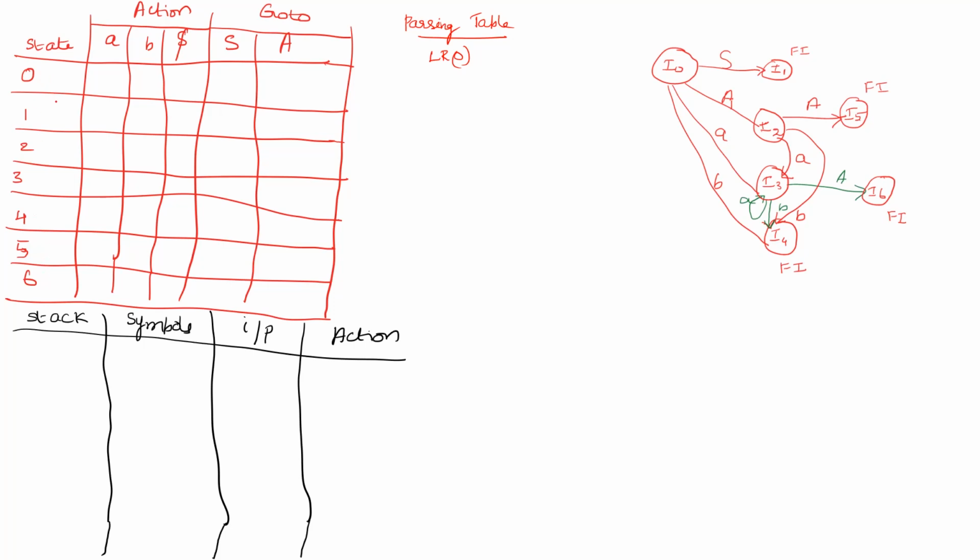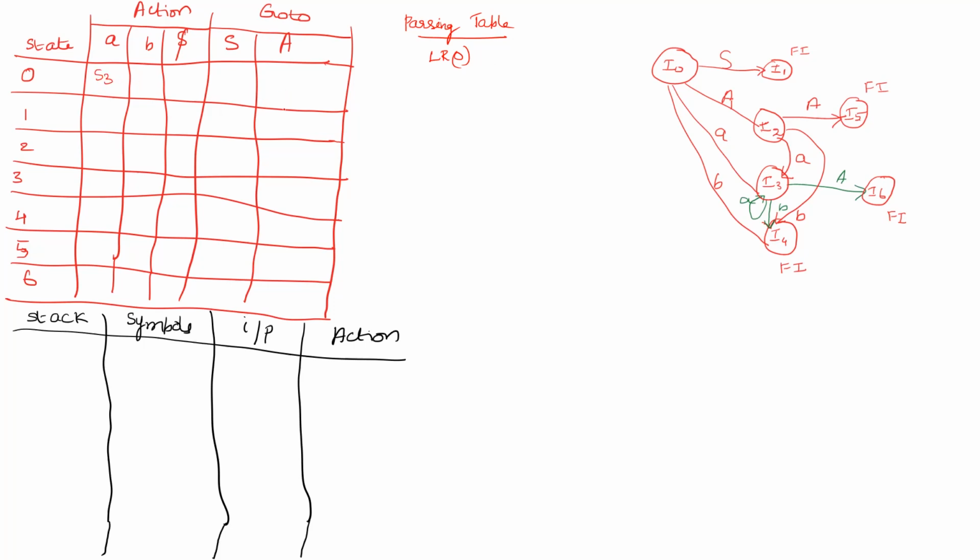Now we have to see state I0 on a. It goes to state I3, so we have to write that as S3, shift 3.